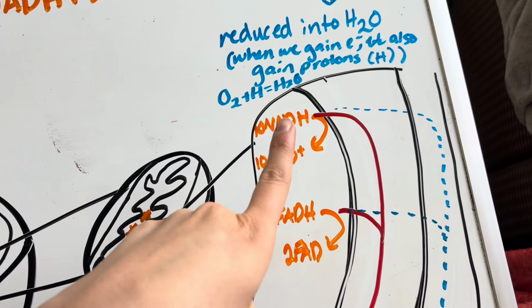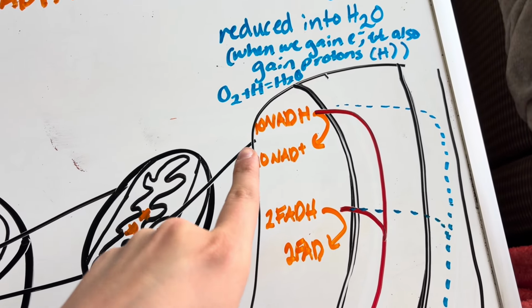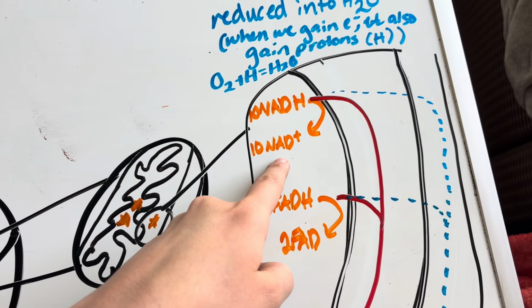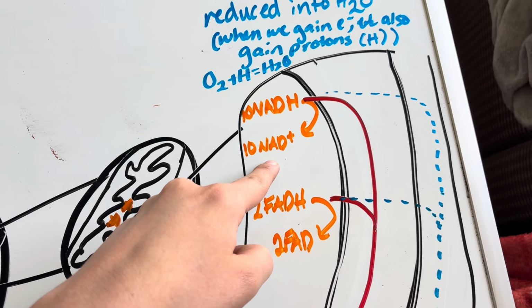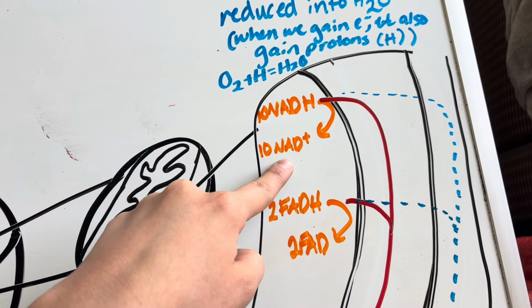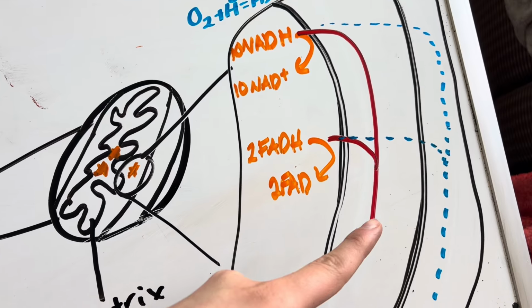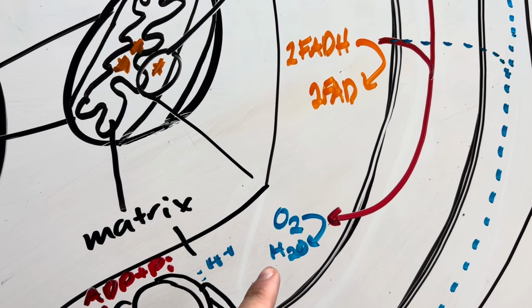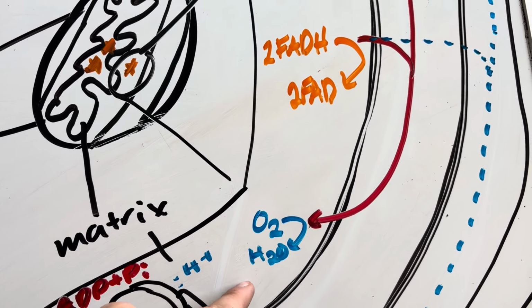And so we're going to see these NADH molecules releasing their electrons and releasing their protons, becoming oxidized into this NAD+, because oxidation is loss and they're losing their electrons. And so those electrons are going to travel right to this oxygen. It's going to accept those electrons and protons and become H2O.